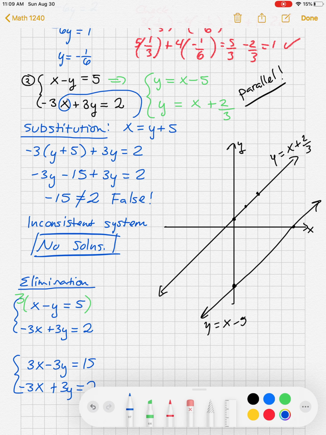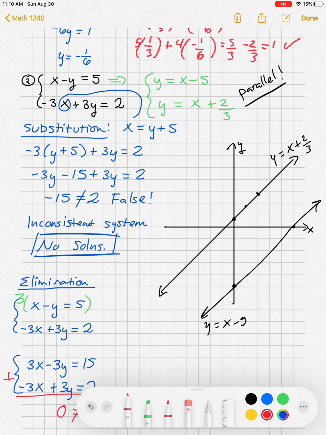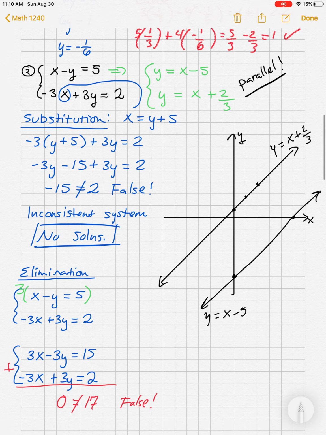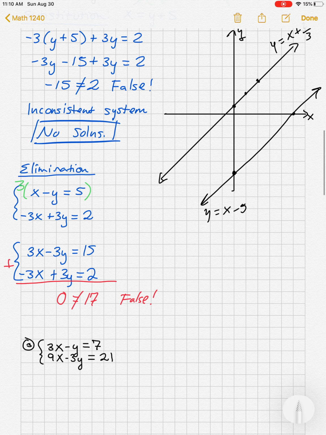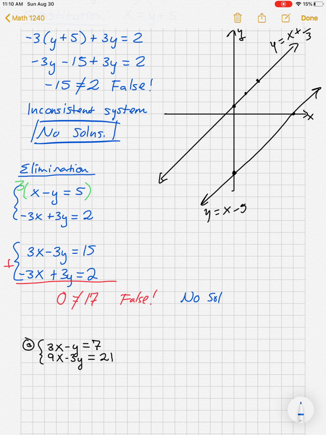But you see how now if I add on both sides of the equal sign, I'm able to cancel out the x's, but also the y's. So even when I use the elimination method, I still end up getting a false statement. So again, I would still conclude there are no solutions. This is an inconsistent system.